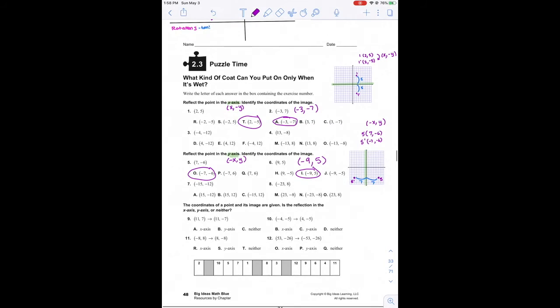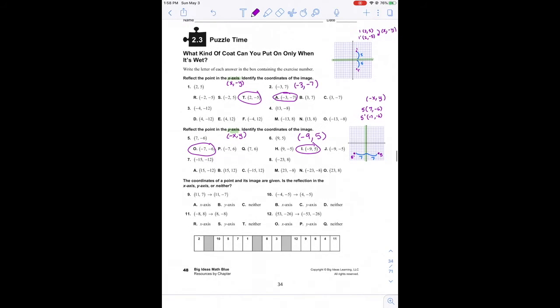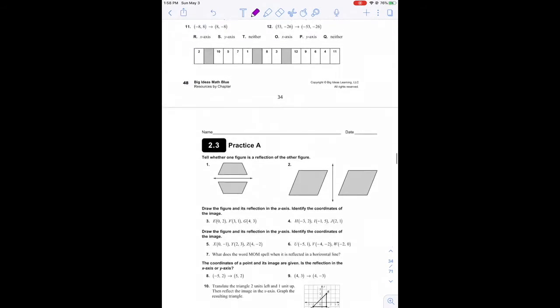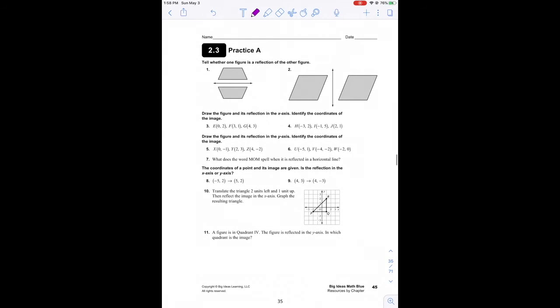You can always graph it as a backup, but it's easier not to. So I hope you try to use the rules. You still will have to finish up this page, but that's how this page is done. On this page, it says some of the questions will be about telling whether or not it is a reflection.